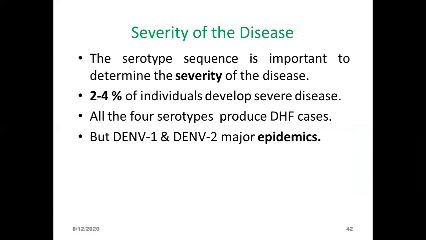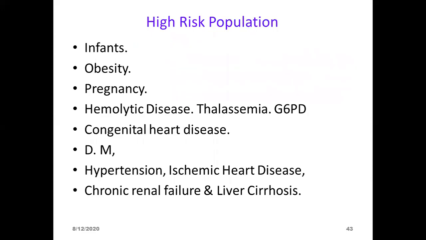The severity of the disease: the serotype sequence is important to determine the severity of disease. 2 to 4% of individuals develop severe disease. All the four serotypes can produce dengue hemorrhagic fever, but the sequence of dengue virus 1 and dengue 2 serotypes have major epidemics or outbreaks.